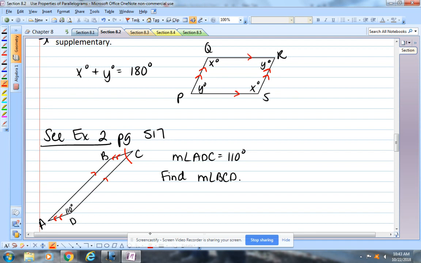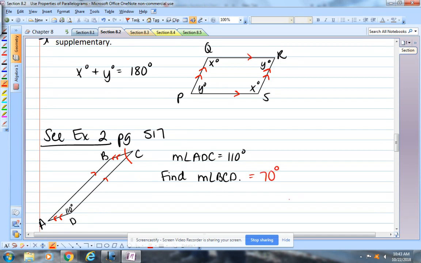Yeah, they're consecutive, which means are they congruent or supplementary? Supplementary. So that means together they make 180. Well, if D is 110 degrees, what does C have to be? 70 degrees. Does that make sense?